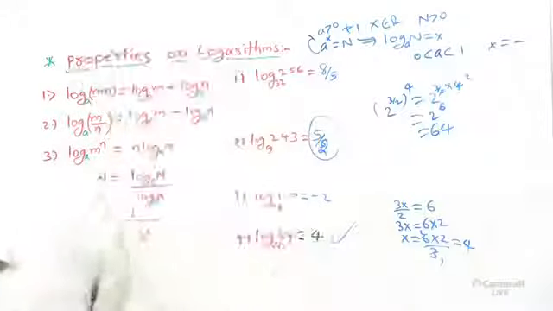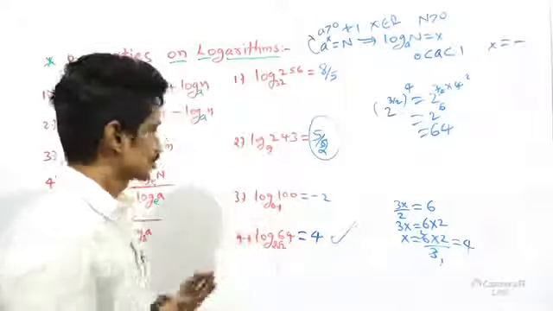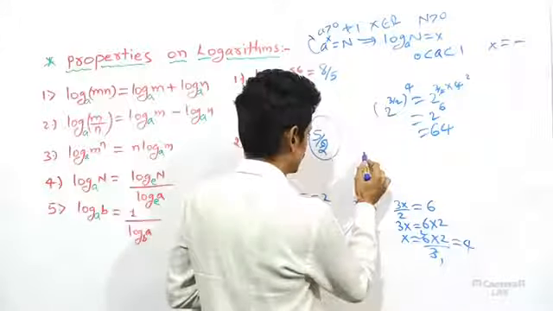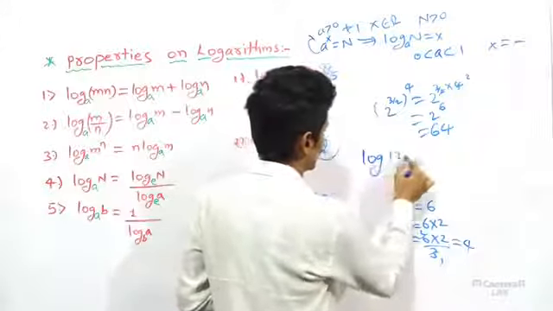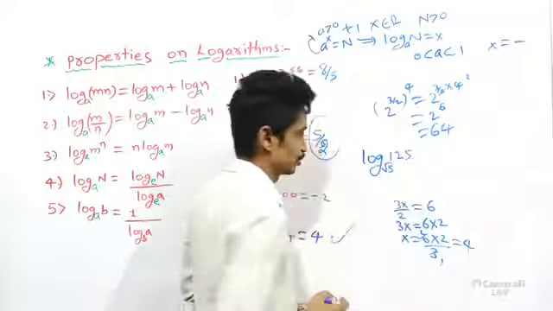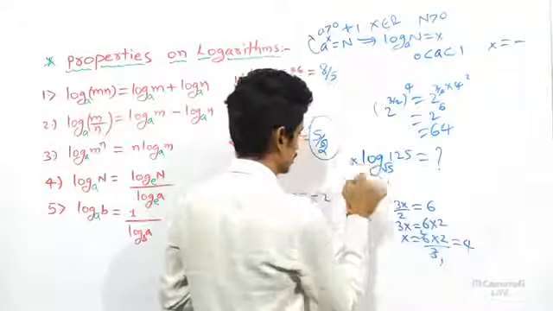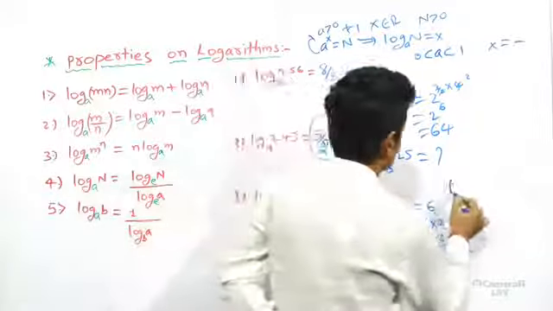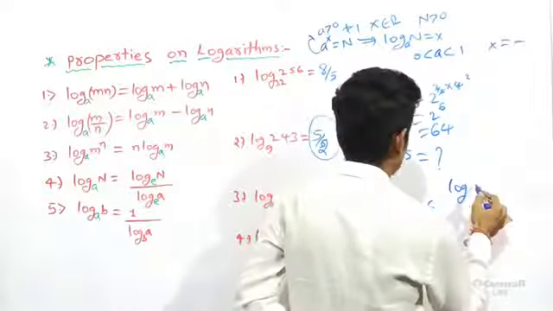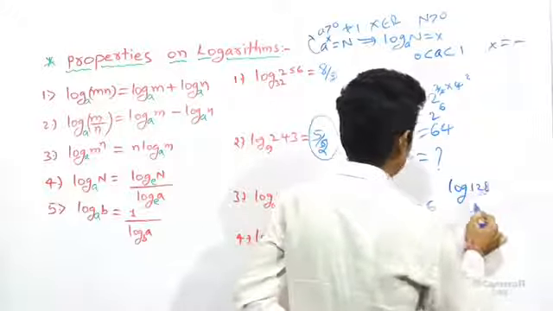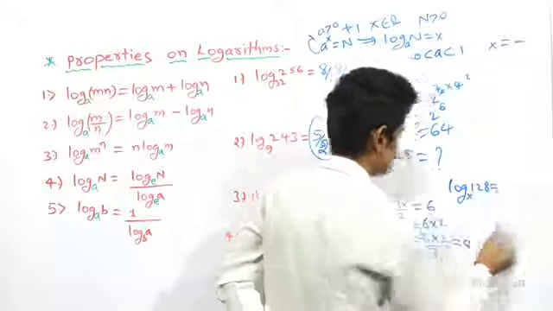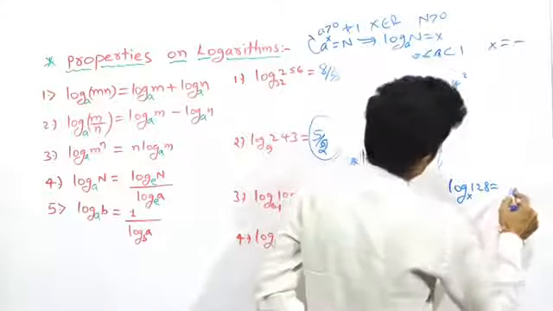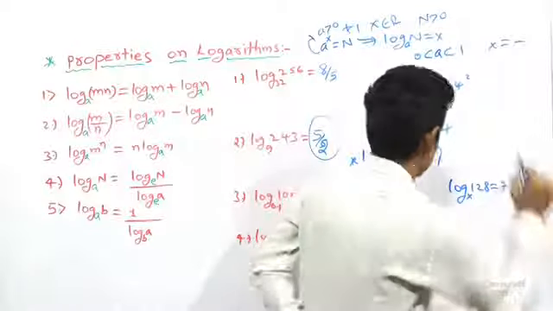So some such simple questions I discussed with you. Some few homework problems I will give you. Let us try this problem. Log of 125 to the base root 5 is equal to what? And the second one I will give you is log of 128 to the base x is equal to 7.